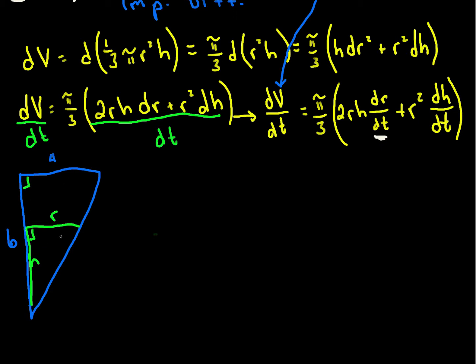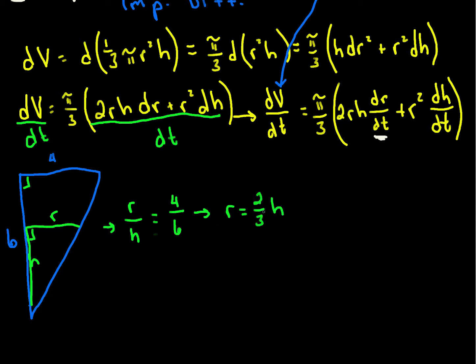So the great thing about this is that r over h, if I take that ratio, it has to be the same as the ratio of the outer triangle, 4 over 6, which tells me that r is equal to 2/3 h.